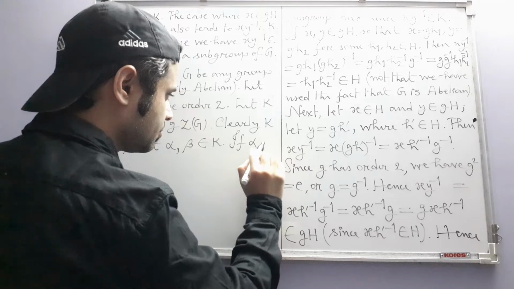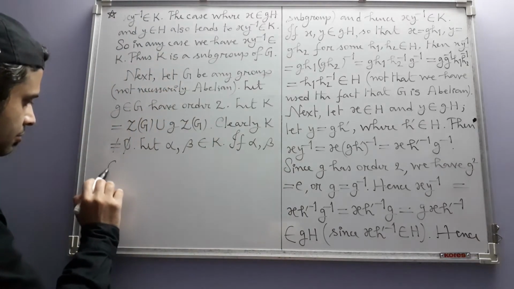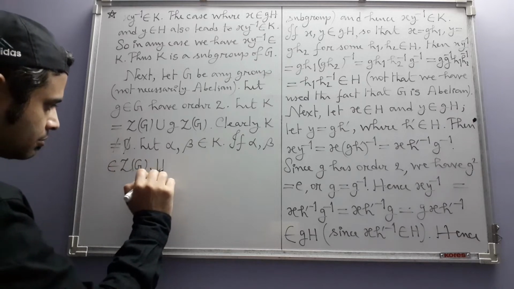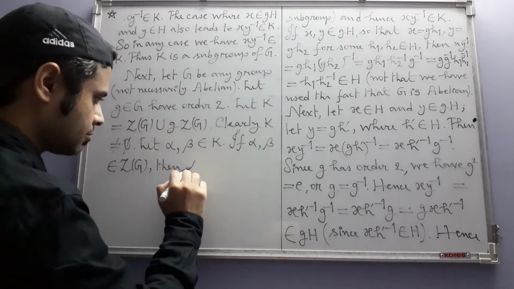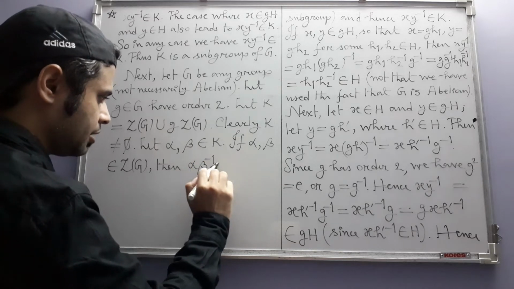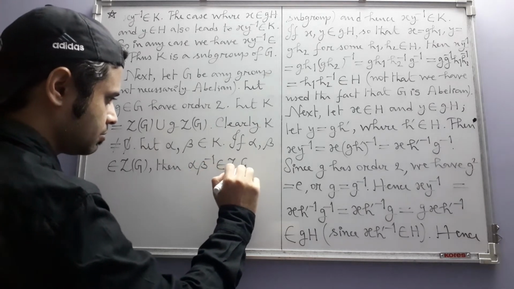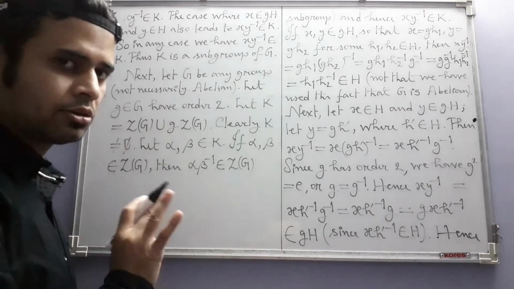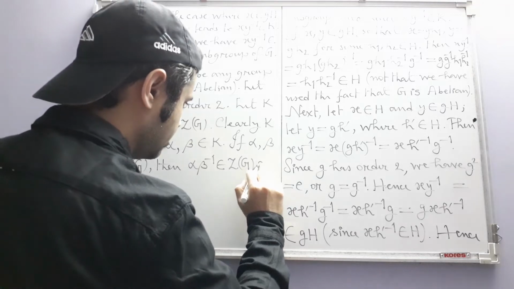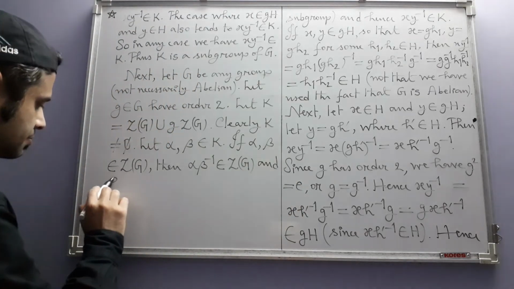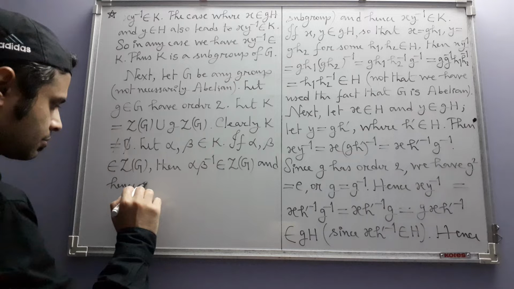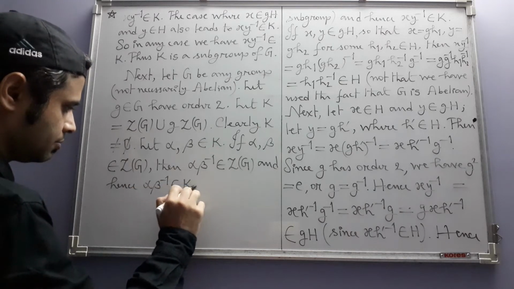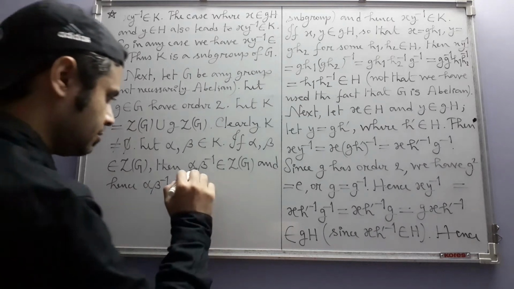If alpha and beta belong to the center, then alpha beta inverse also belongs to the center because the center is a subgroup. This time we are not going to write all those things, and hence alpha beta inverse belongs to K.